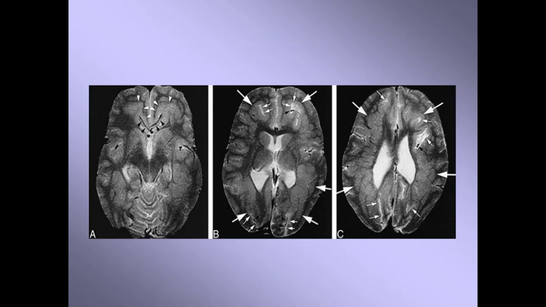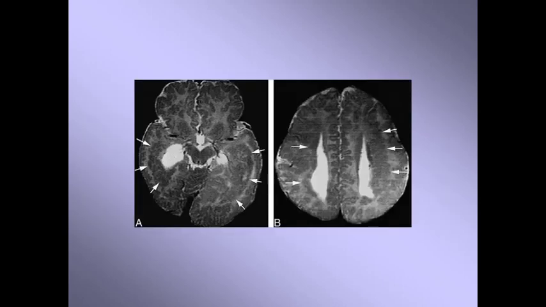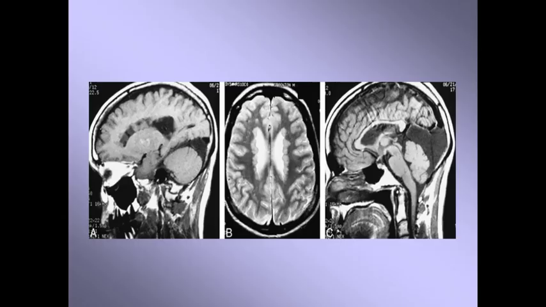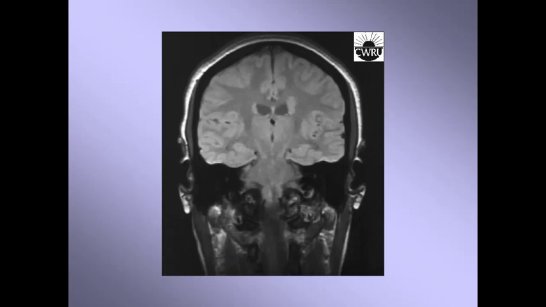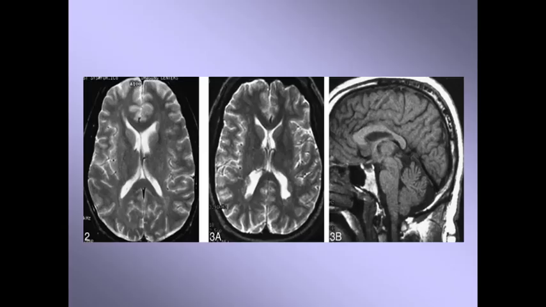You can see this abnormally located high signal scattered in subcortical areas. Here is the typical nodular pattern, almost symmetrical, subependymal nodules indenting the ependyma. It can be a mild form like that.